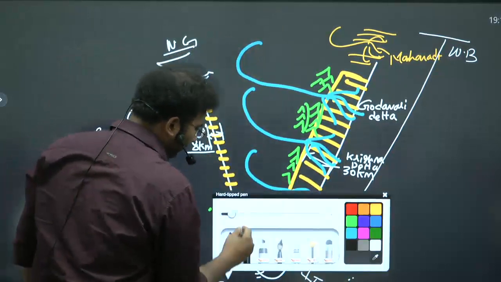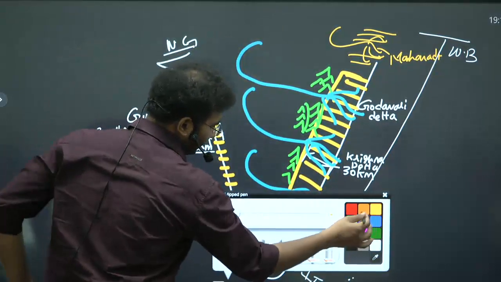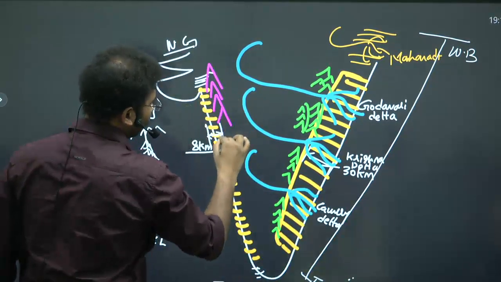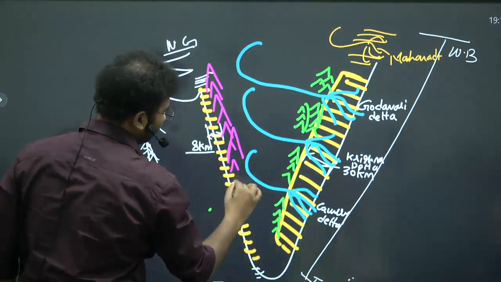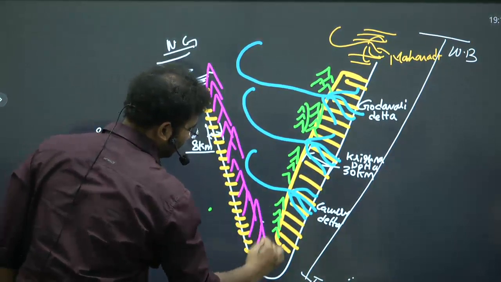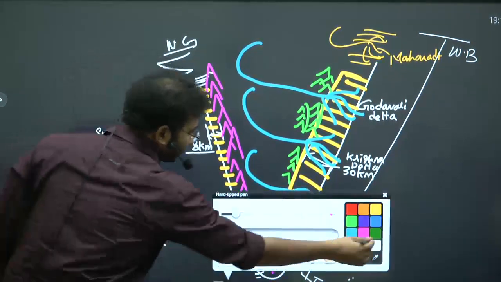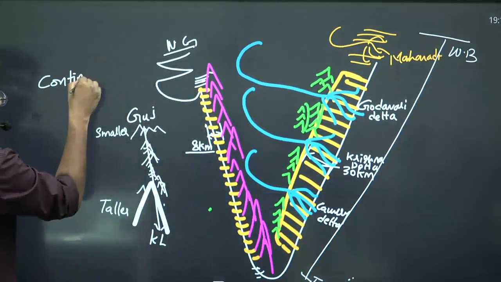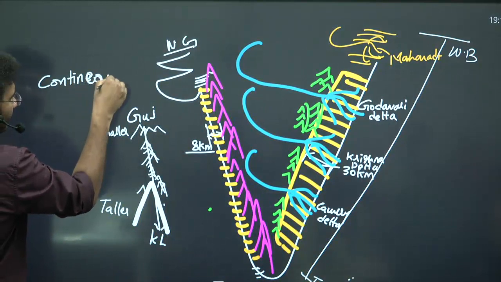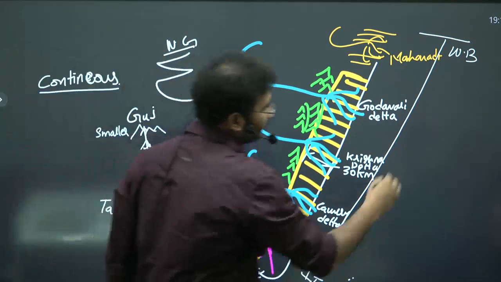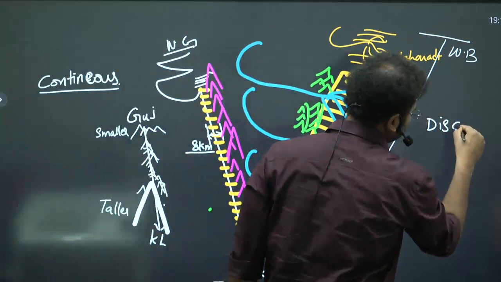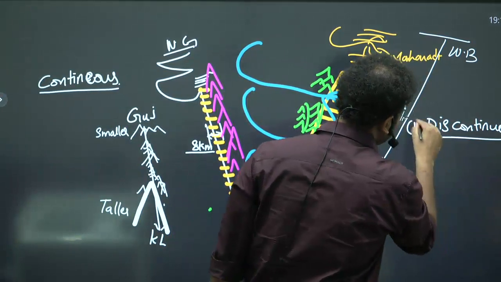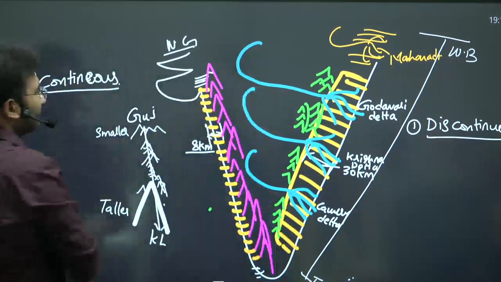But for any river, first let me draw the mountains of the Western Ghats. These are Western Ghats. Now, can I say these Western Ghats are continuous in nature? These are discontinuous. These are continuous.